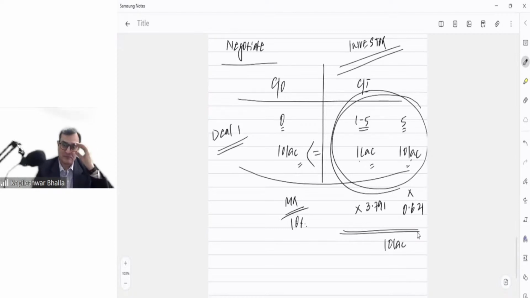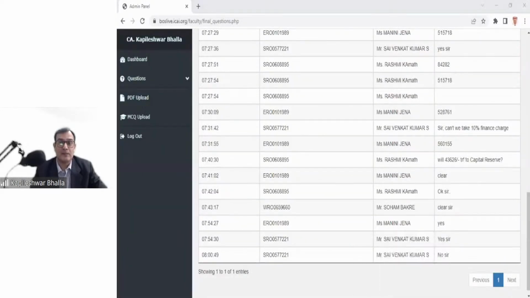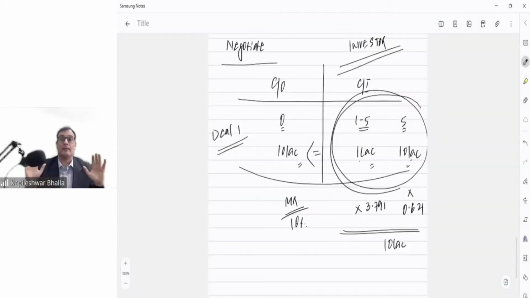Great. Now, if you notice, if I use a 10% discounting rate, I am getting the same amount of 10 lakh rupees. Let me explain this a bit as well. Hear me well. I'm teaching financial management at the moment, not financial reporting. So watch me now carefully. Can I say the interest was compounded at the rate of 10%? Am I right?